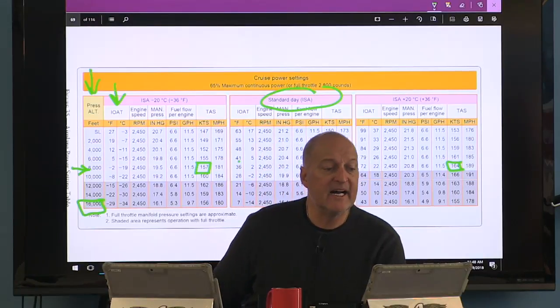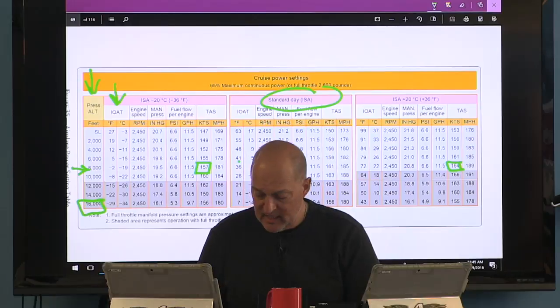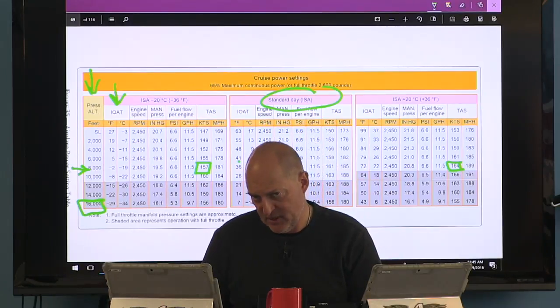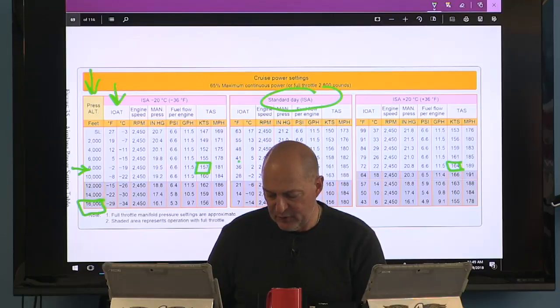Refer to figure 35. Approximately what true airspeed should a pilot expect at full throttle at 10,500 feet, with a temperature 36 degrees Fahrenheit above standard?